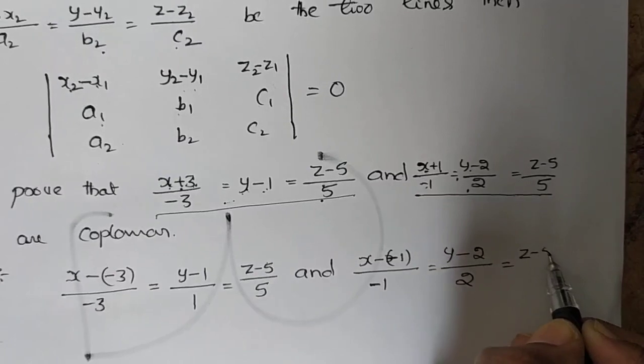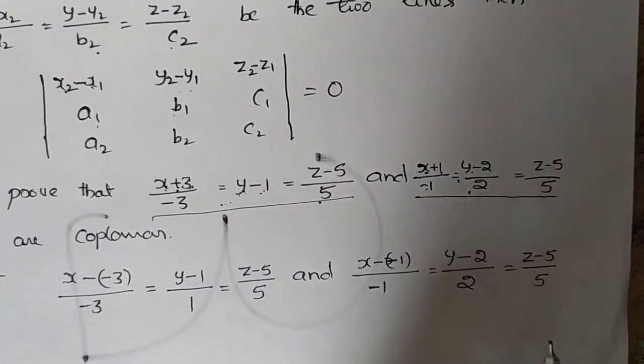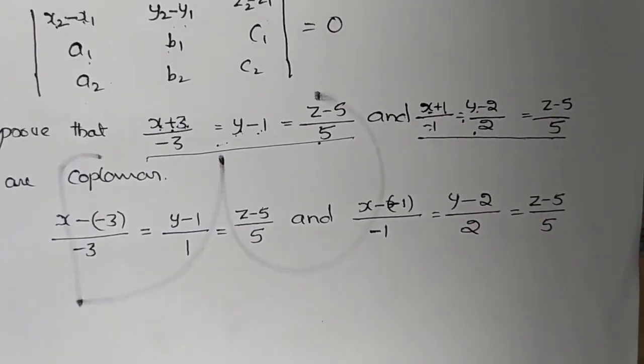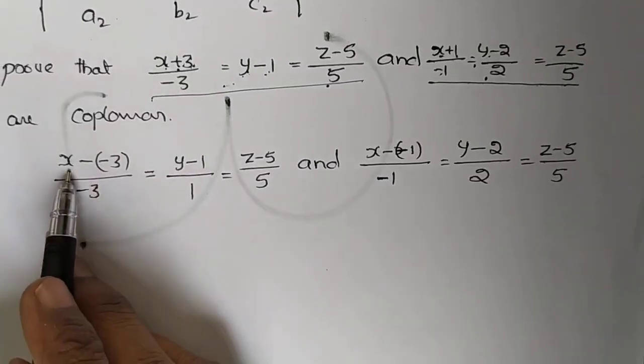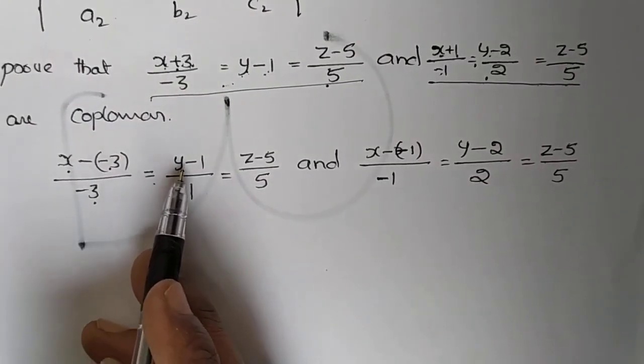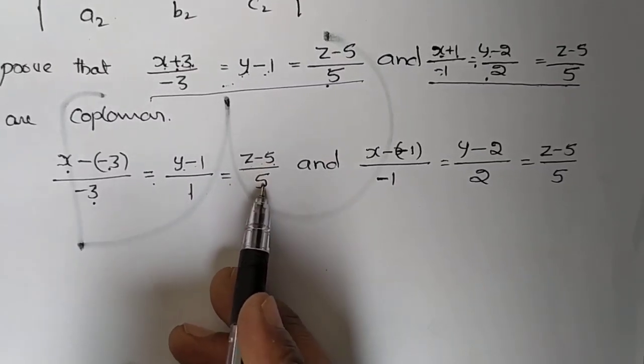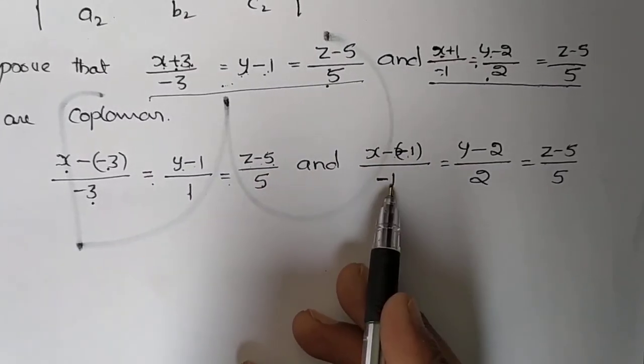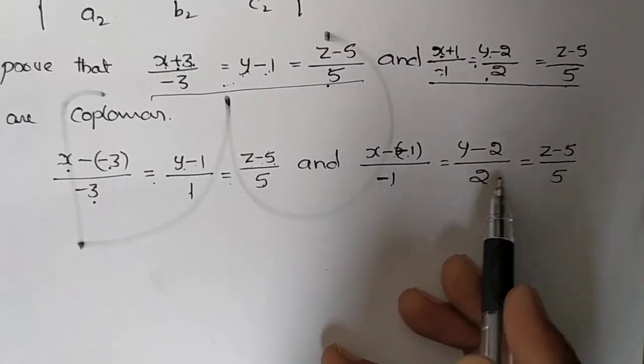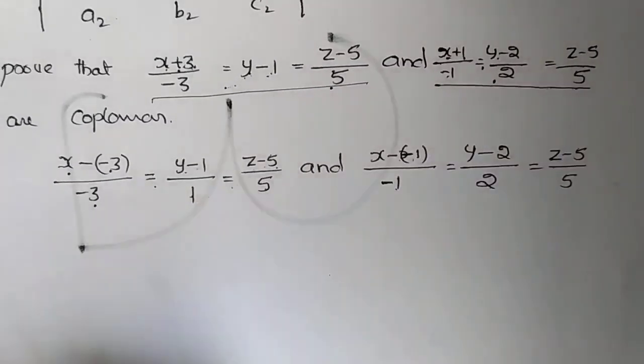Here we already have the sign, no need to rearrange it, keep it as it is. Equals z minus 5 divided by plus 5. Now it is in the form (x minus x1) by a1 equals (y minus y1) by b1 equals (z minus z1) by c1, and (x minus x2) by a2, (y minus y2) by b2, (z minus z2) by c2.